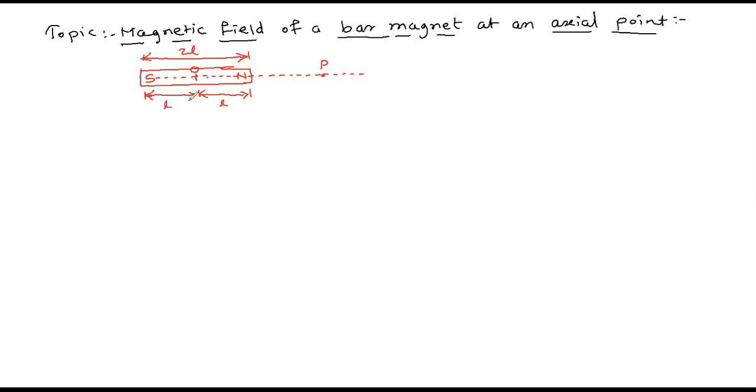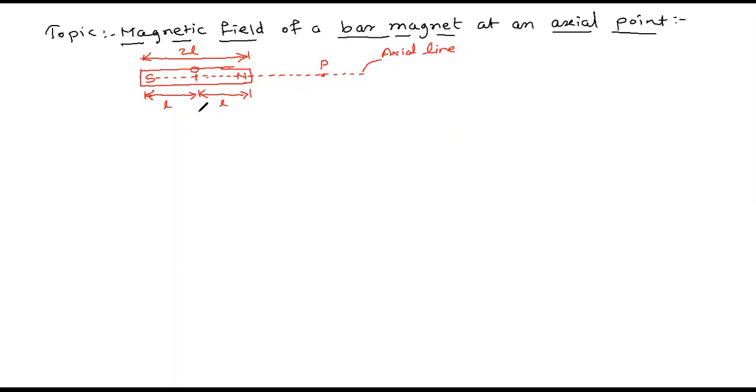And we will take a point P on this axial line. This is called the axial line, on which at this point P we will consider a unit north pole. So the magnetic field is to be determined at point P, which lies on the axis of the magnet at a distance r from the center.